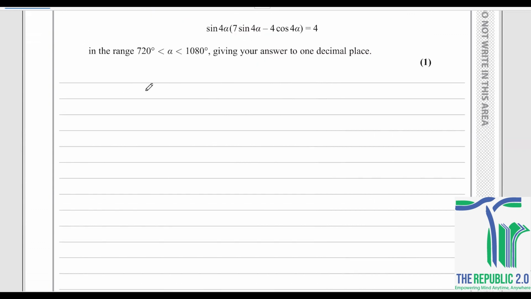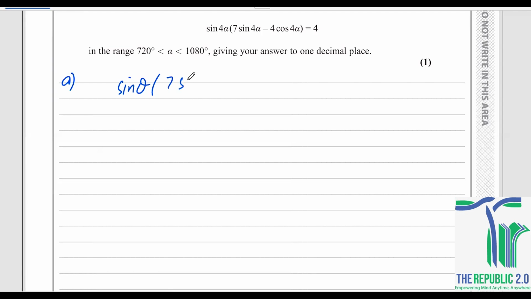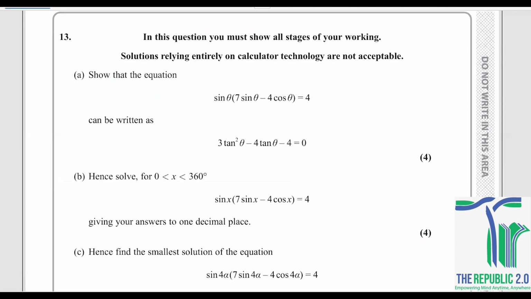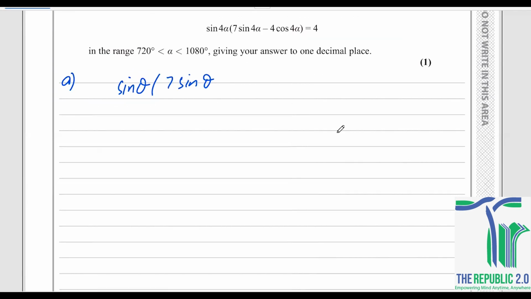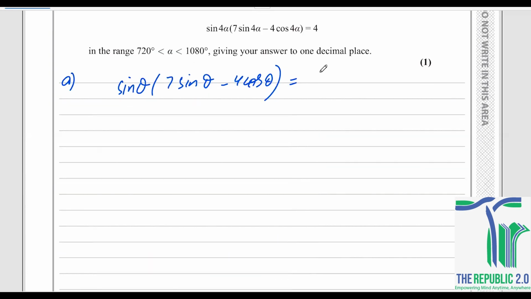So if you want to work it out, you've got the A part. Just grab the equation: sine theta times 7 sine theta minus 4 cos theta equals 4. And we need to write this equation in terms of tangent theta.